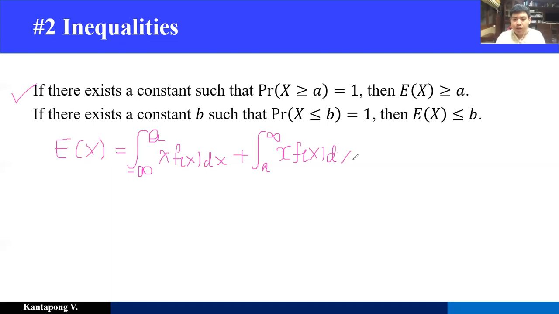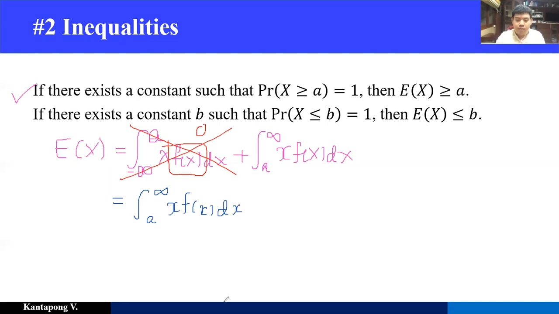Since we know that the probability of X greater than or equal to a is equal to 1, f(x) in the first part is going to be 0 because it is not in the support. So E[X] is equal to the integral from a to infinity of x f(x) dx.